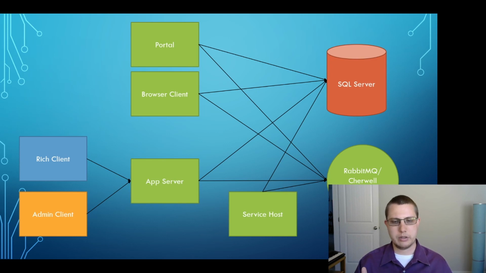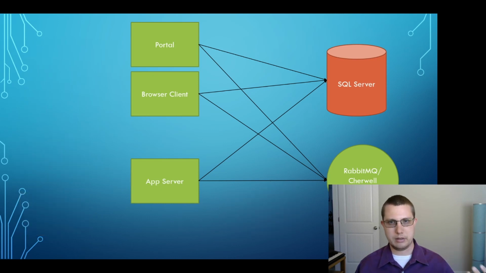So if you just run the installer, this is what you'll get on your systems. So in this video, we're going to talk specifically about these components. So portal, browser client, app server, and the backend data services that they talk to.